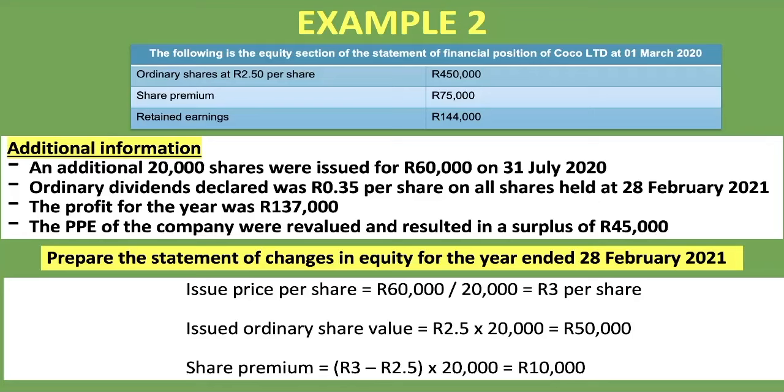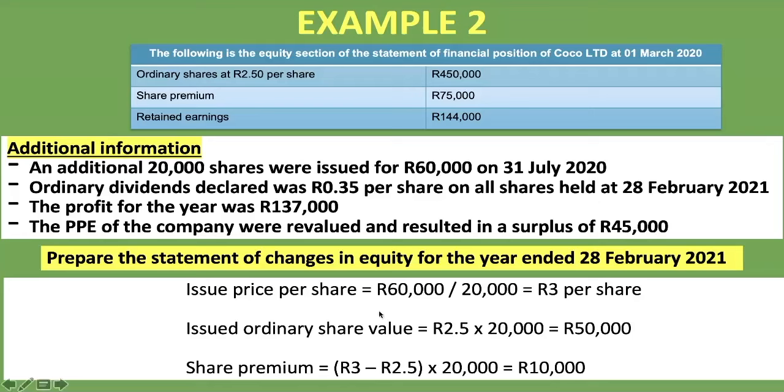So first of all, you just use your par value times the number of shares you issued, and you will get your ordinary share value, and then you take your amount that you issued the shares for minus your par value amount, which is the 250, and you multiply that by the number of shares you issued, and it will show you how much your premium is. So in a nutshell, you are saying how much did I issue these shares for each, and then you deduct your par value. So you're looking at the difference between the par value and what you issued each share for.